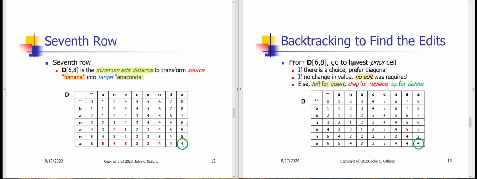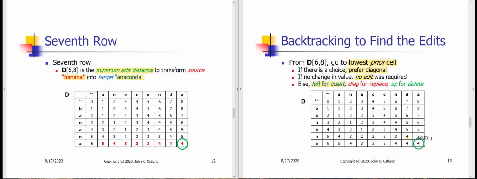Okay? So what we want to do, starting from this lower right corner, is to go to the lowest cell to the left or up, or the diagonal up and left.